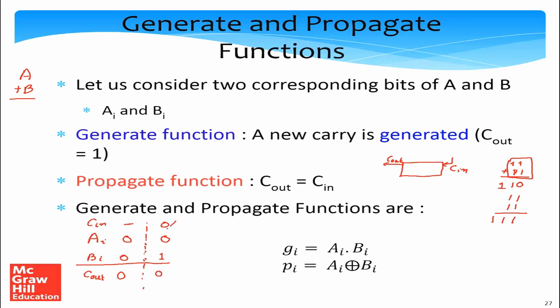But if the input carry is 1, then we are adding 1 plus 0 plus 1, which is 1, 0, right? So the output carry is 1. What we can clearly see is that the output carry is the same as the input carry. Now let's consider one more example. In this case, let AI be 1, let BI be 0.